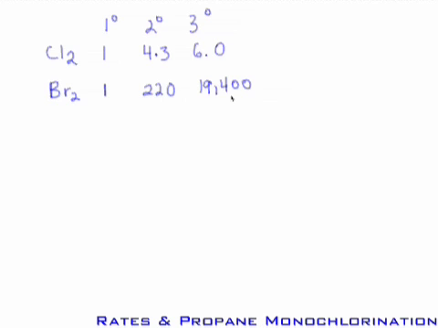For example, let's try the chlorination of propane, the one we've just looked at. If I consider propane, I see I can get 2 monochlorinated products, and only 2. If I react propane, I can get the isopropyl chloride.